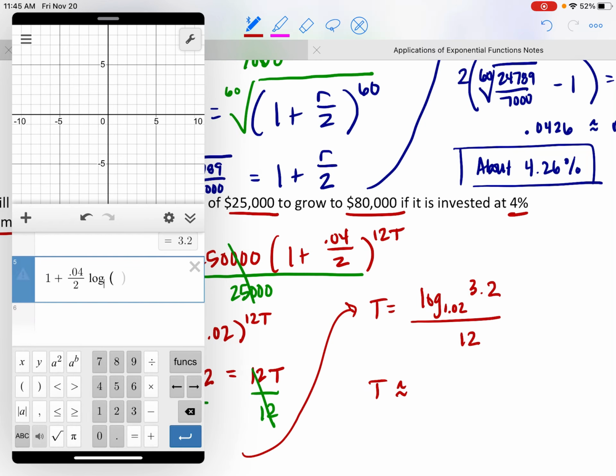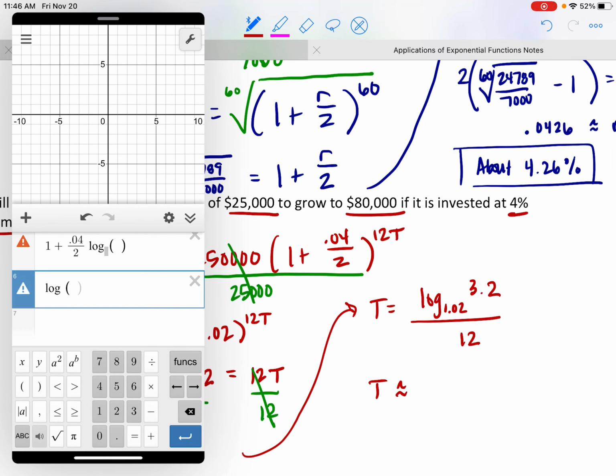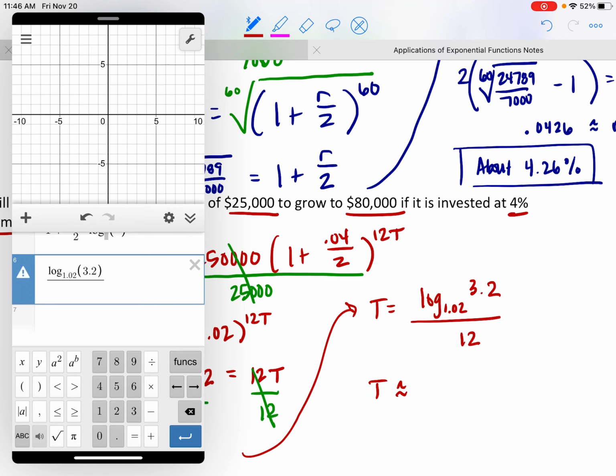So log base, let's get into a separate line here. Log base 1.02 of 3.2, and we want that quantity to be divided by 12. So 4.89-ish.